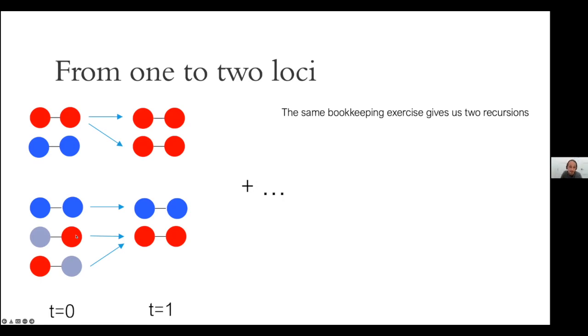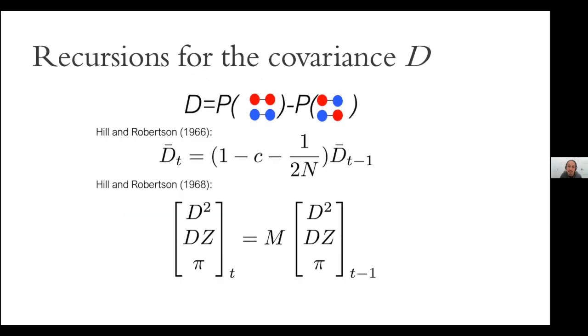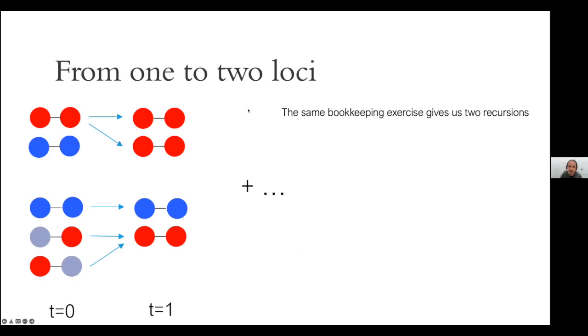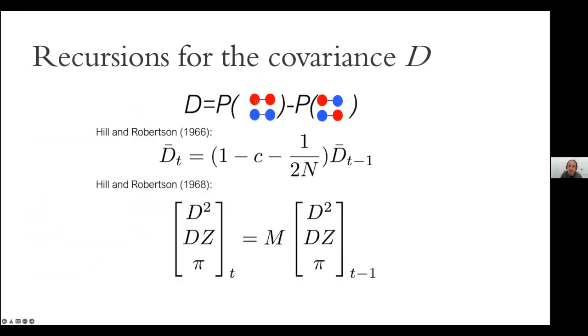Again, it is a work of bookkeeping, but what is magical is that you do all this work and then you find that you get equations that close, that don't require you to simulate the entire populations. In particular, if you do this for 2 individuals, you're going to find a recursion for a statistic called D, which is defined in this way.